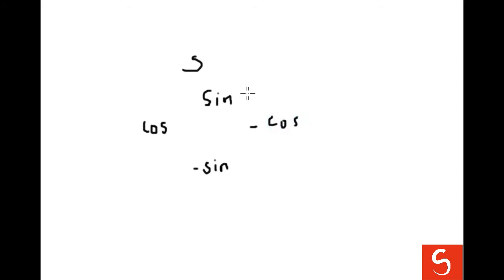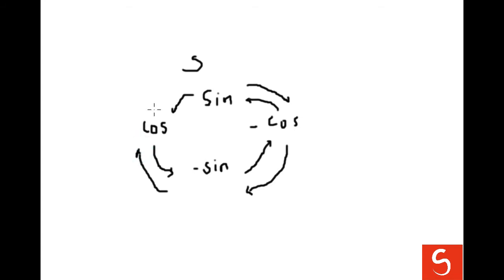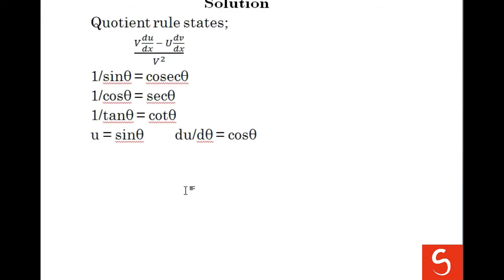Whenever you differentiate sine, you have cos. Whenever you differentiate cos, you have negative sine. Whenever you differentiate negative sine, you have negative cos, and whenever you differentiate negative cos, you have sine. Integration goes the opposite way around the cycle. This cycle will help you not to miss it.